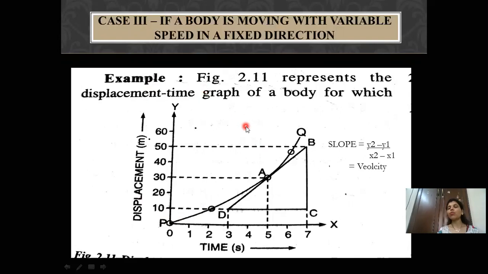Okay, now what do you get by taking the slope of such a graph? Means if it is a displacement-time graph, and you are asked to find the velocity, how are you going to find it? In that case, if it is not a straight line, then you are going to draw a straight line from any of the points. Suppose you are considering this point A, from here you are going to draw the straight line.